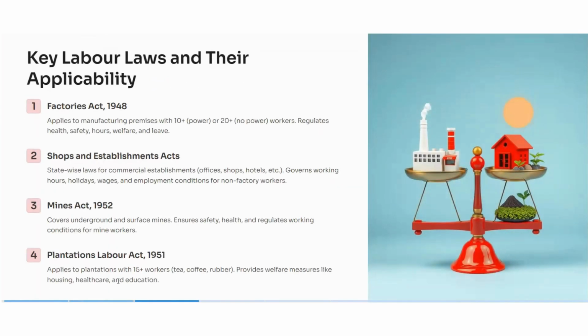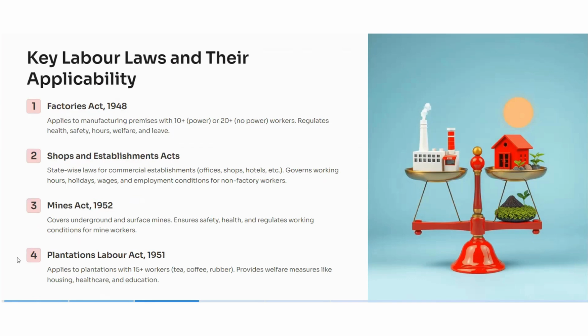Key labor laws and their applicability. Factories Act 1948 just came after India got independence. It applies to manufacturing premises with 10 plus workers with power and 20 plus without power, and regulates health, safety, hours, welfare, and leave. Shops and Establishment Act, state-wise laws for commercial establishments, offices, shops, hotels, governs working hours, holidays, wages, and employment conditions for non-factory workers.